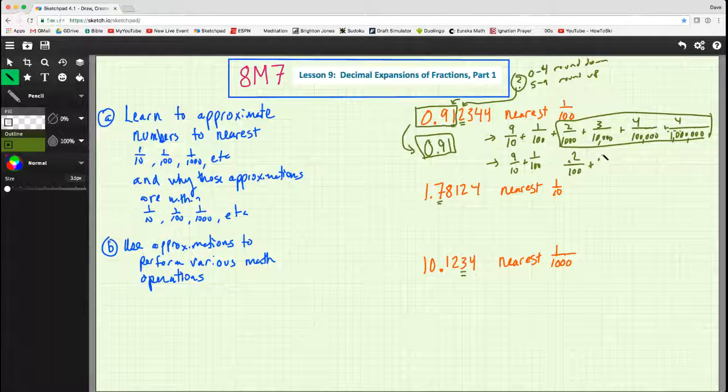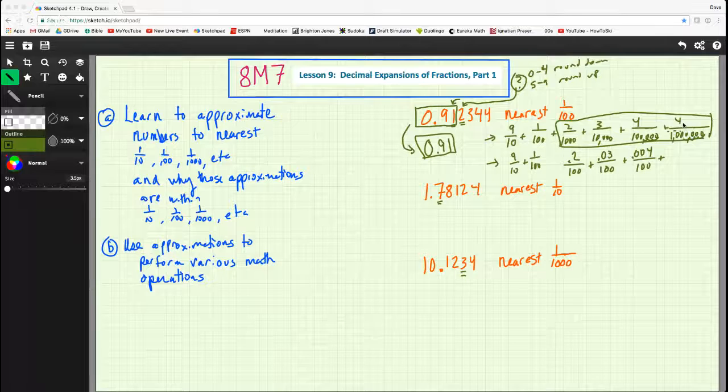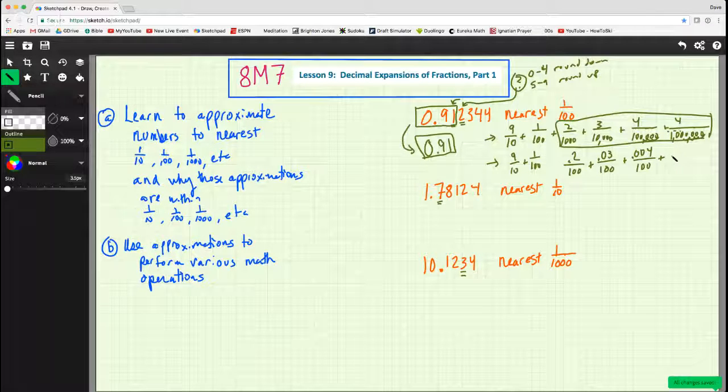If I divide this by 100, I move my decimal 2 to the left, 0.03 over 100. And what is this? If I move my decimal 3 here, I get 0.004 over 100. And here, if I move my decimal 1, 2, 3, 4, and here I go 1, 2, 3, 4, I get 0.0.